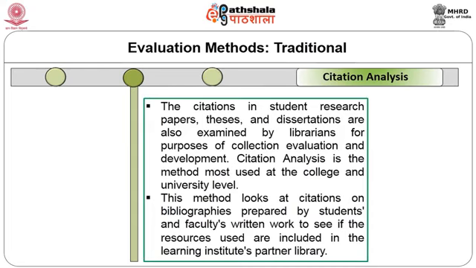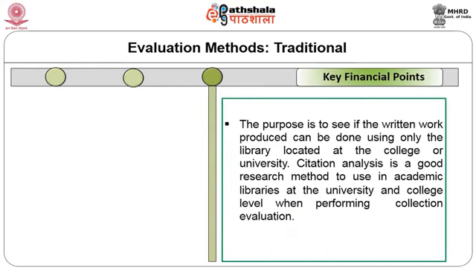The purpose is to see if the written work produced can be done using the library located at the college or university. It's a very good research method to be used in academic libraries while performing collection evaluation. This method is still widely used in libraries abroad to not only aid the collection development tools but also identify the journals with highest impact factors while making the choice of journal subscriptions.